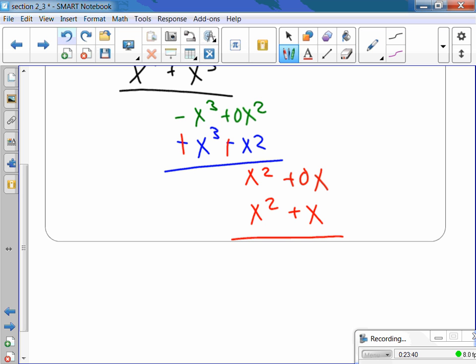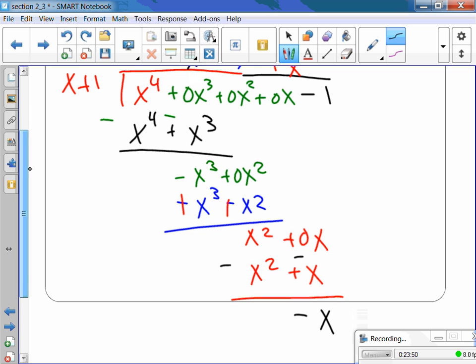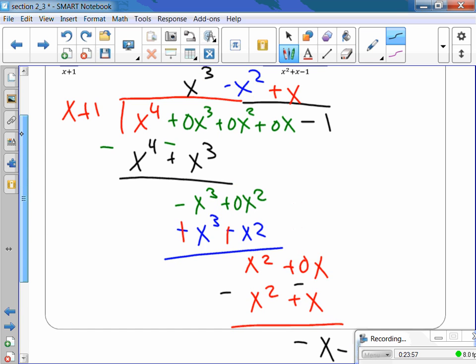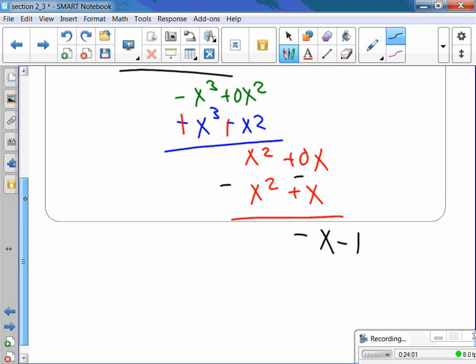Negative x, and we do what? Absolutely. Haley? Multiply it by negative 1. Giving us what? Negative x. Lining up with our remainder of 0.